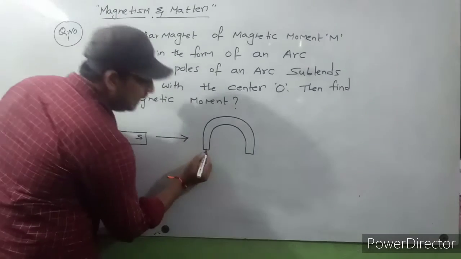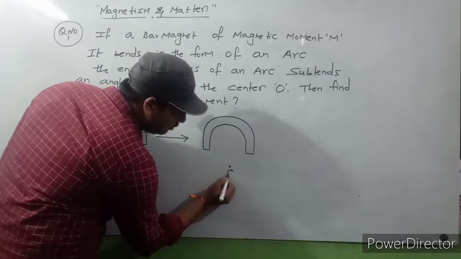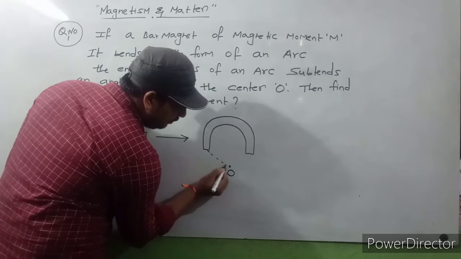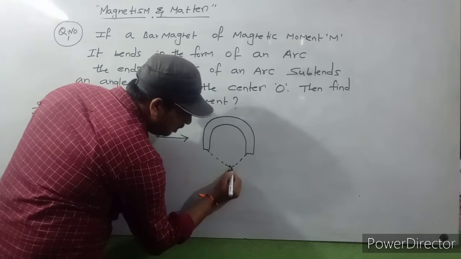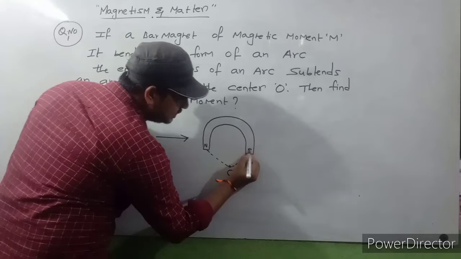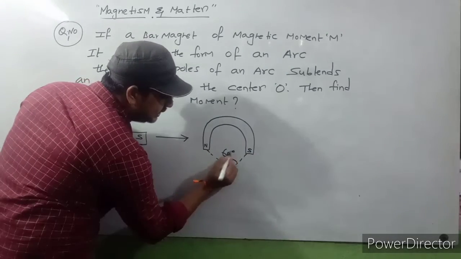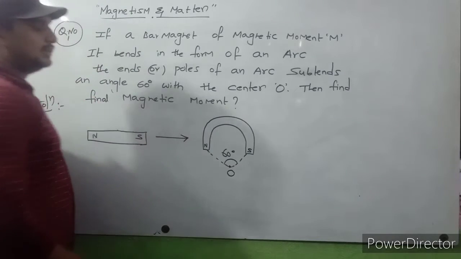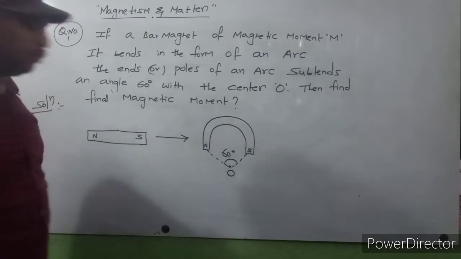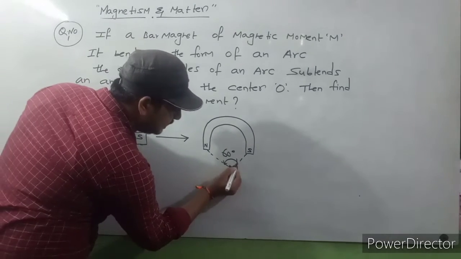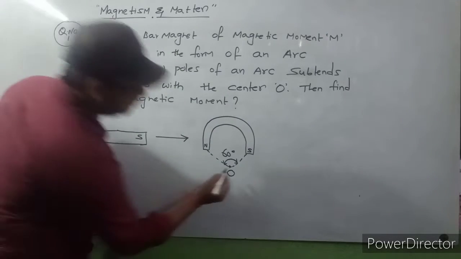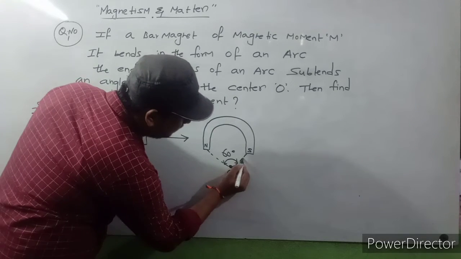That arc will make an angle with the center O. The ends or poles, so this is the north pole, this is the south pole. So it made an angle of 60 degrees with the center O.